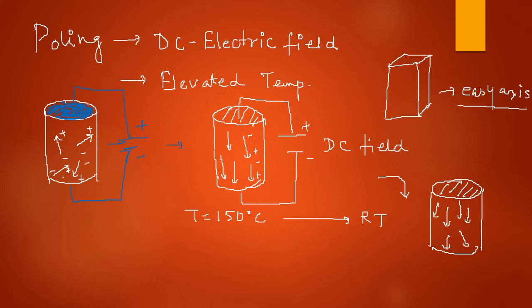So this is now a piezoelectric material. Earlier the net polarization was zero here. Here you have a non-zero value of the polarization, and this is what you call a piezoelectric material.